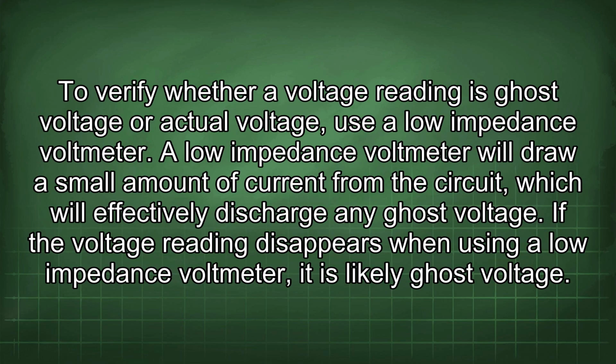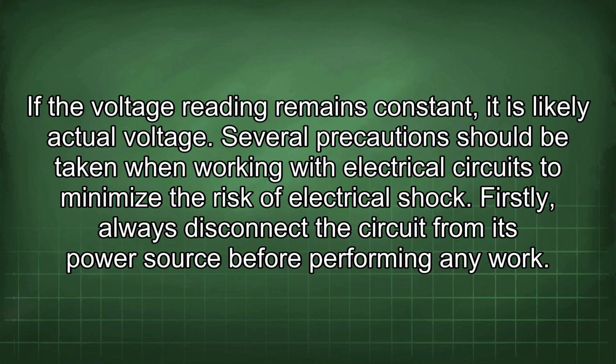To verify whether a voltage reading is ghost voltage or actual voltage, use a low impedance voltmeter. A low impedance voltmeter will draw a small amount of current from the circuit, which will effectively discharge any ghost voltage. If the voltage reading disappears when using a low impedance voltmeter, it is likely ghost voltage. If the voltage reading remains constant, it is likely actual voltage.